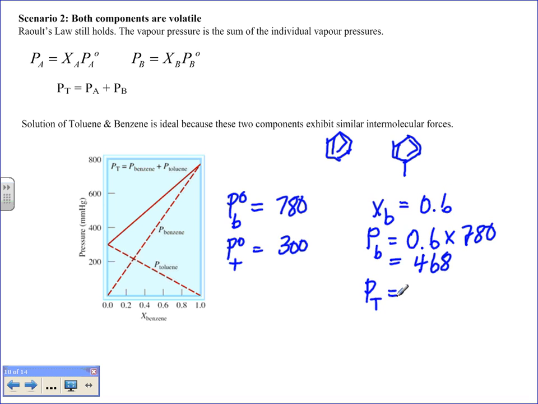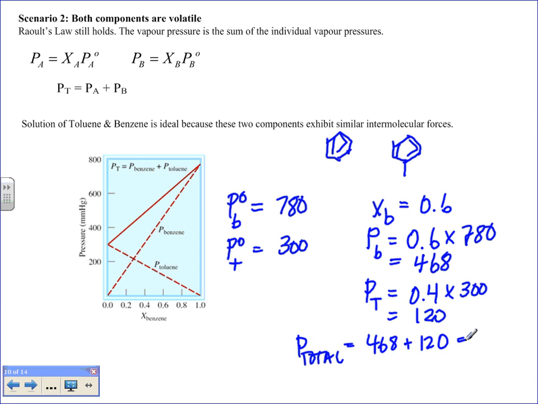The partial pressure of toluene, which at this point has a mole fraction of 0.4, is 0.4 times 300, which is 120. Okay, so the total pressure at this particular point is 468 plus 120, which is 588.